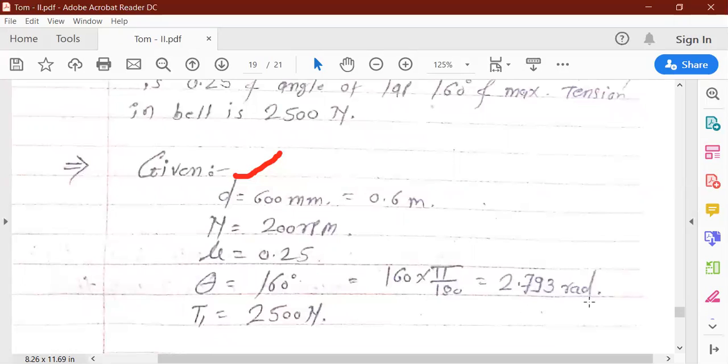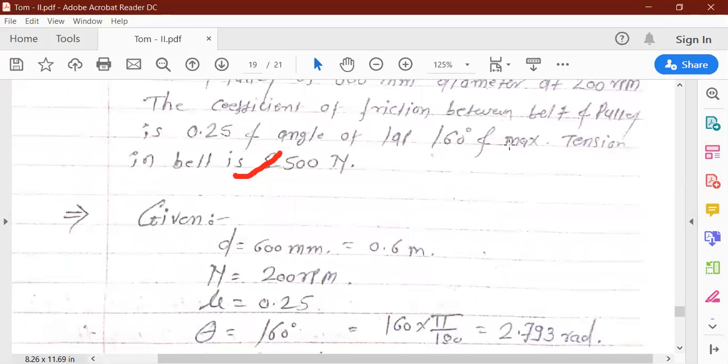So radian is the SI unit. In order to convert degrees into radians, we multiply 160 by pi by 180. So theta will be 2.793 radian.